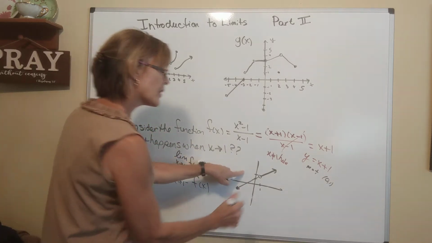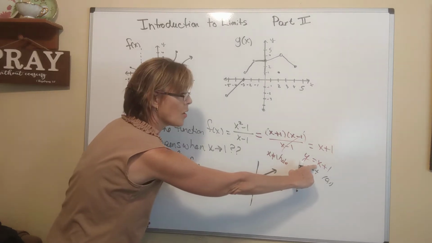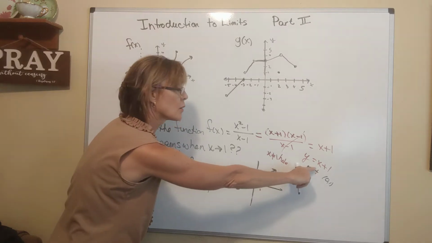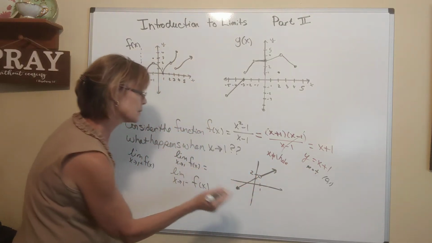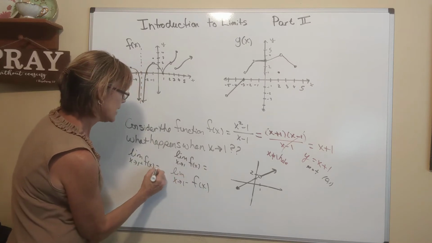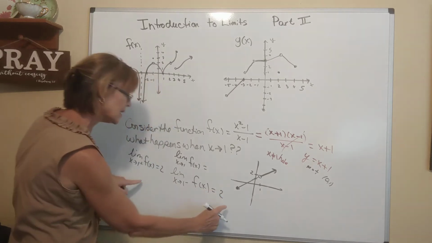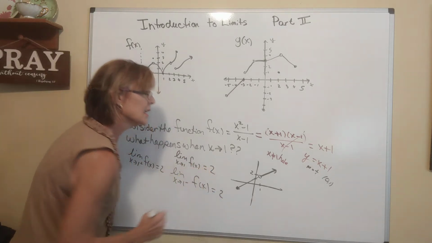Well, that y value is whatever this would be if it was defined, so we can just plug 1 into this function. y equals 1 plus 1, or y equals 2. The limit as x approaches 1 from the right is 2. The limit as x approaches 1 from the left is 2. These agree, so the limit as x approaches 1 of f of x is 2.